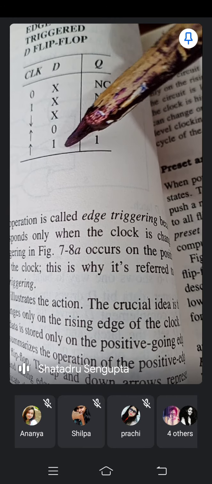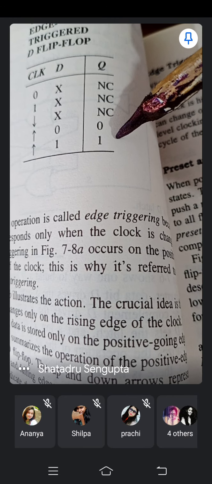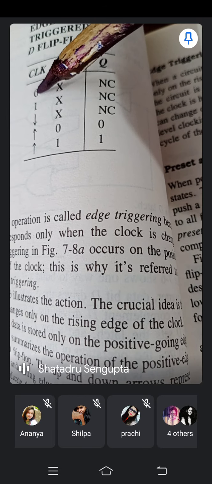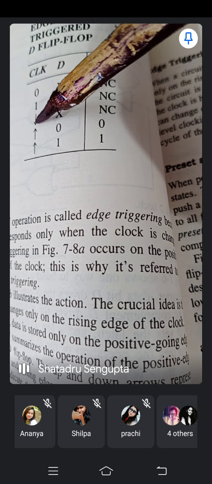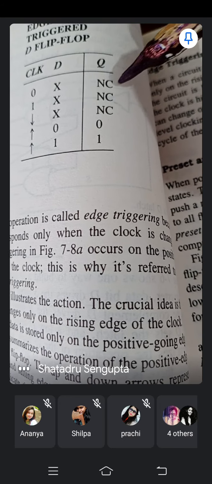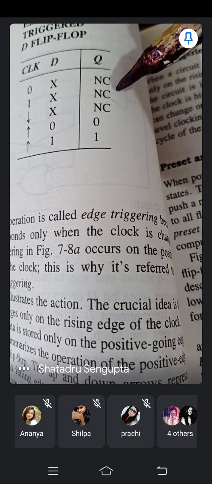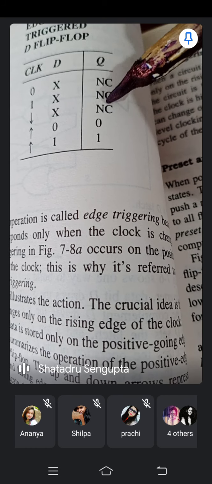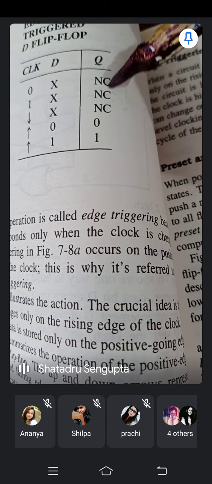With the rising edge only, if D is 1, it's 1. When the clock is at level or the clock is at negative edge, what data is there does not matter. There will be no output at the output side. There will be no output or garbage output, whatever.